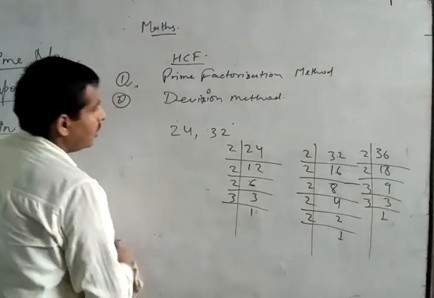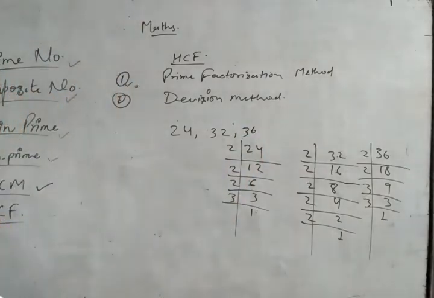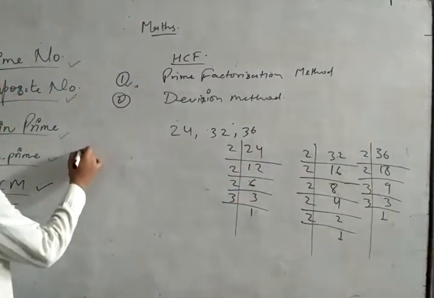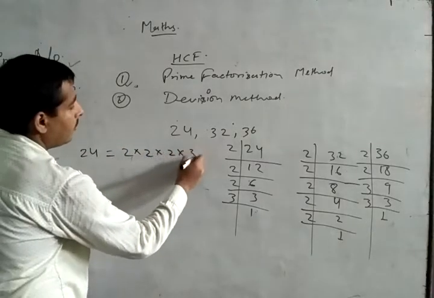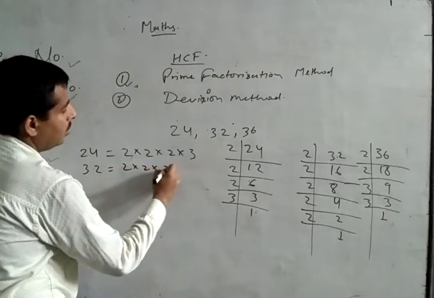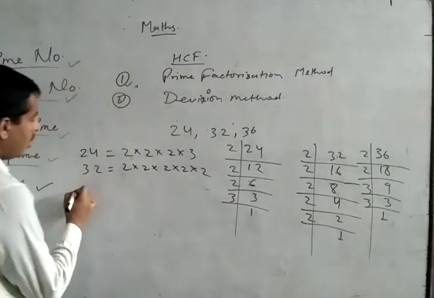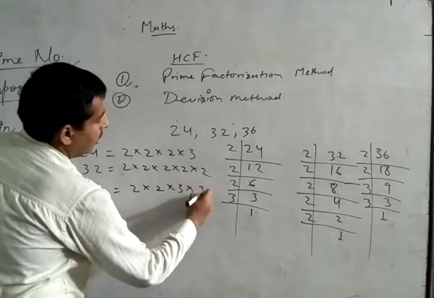We have to calculate the HCF of 24, 32 and 36. We will write 24 is equal to 2 into 2 into 2 into 3. 32 is equal to 2 into 2 into 2 into 2 into 2. And 36 is equal to 2 into 2 into 3 into 3.